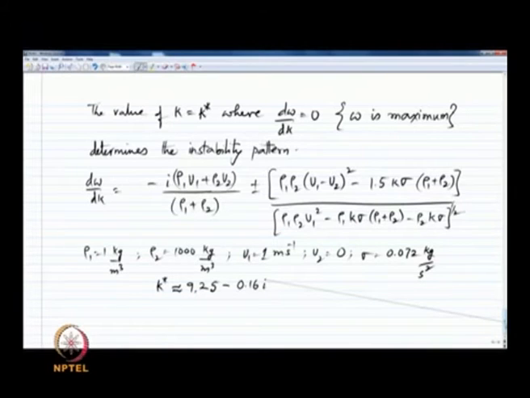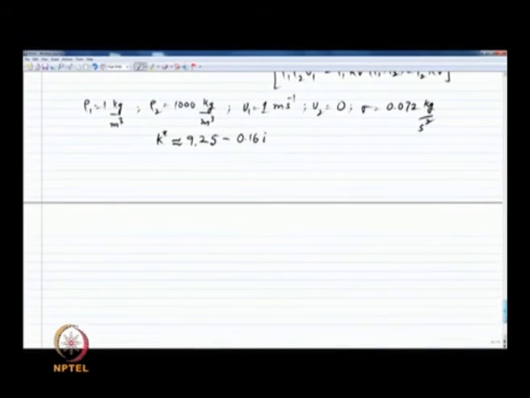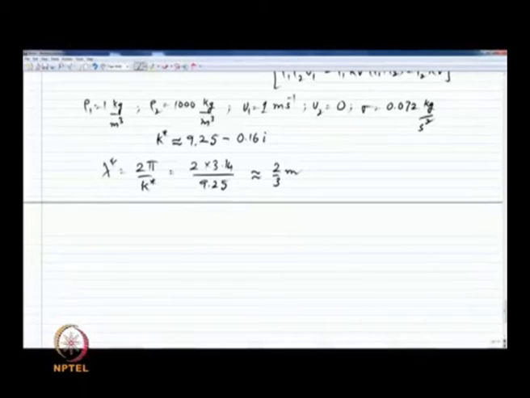Okay. So, what this tells us is that the wave associated with this particular wave number has the maximum growth rate, and if we simply quickly convert this to lambda star, and I am only going to take the real part, so it is roughly about 2.3, 2/3 of a meter.